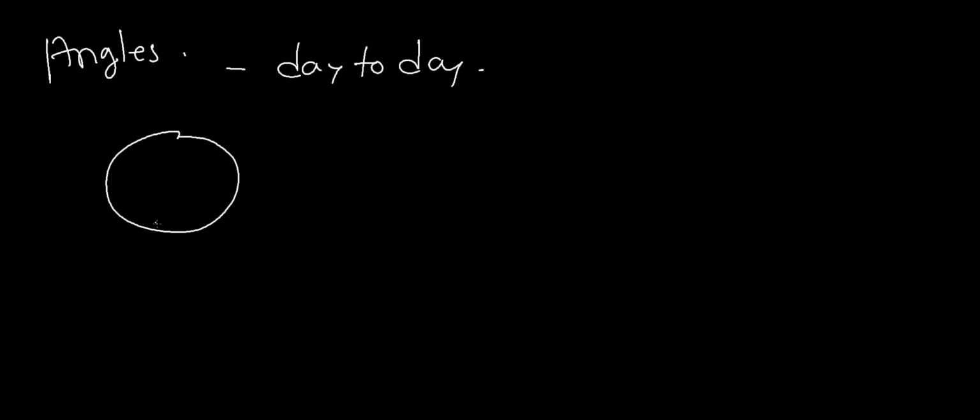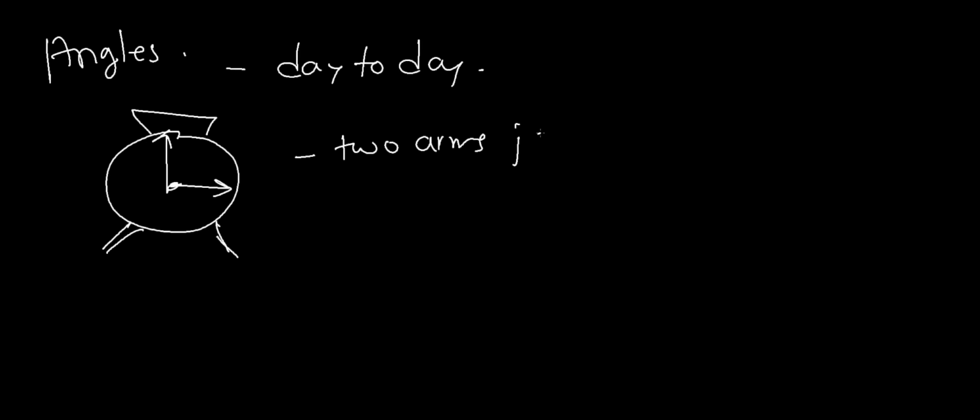In our day-to-day life, we come across many objects, such as a clock. As you can see, these objects have two arms joined together by a hinge.